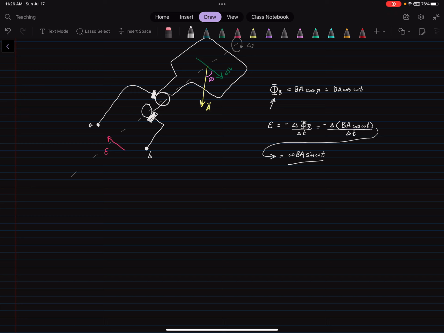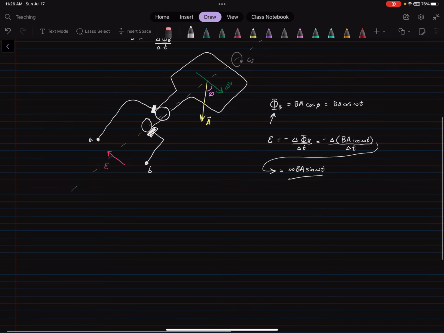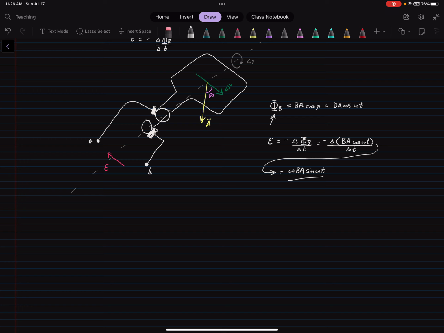So basically what we find is that the magnetic flux varies according to a cosine function, and the EMF varies according to a sine function. And this next part I am going to paste in a visual here. Give me a second. Boom. Loading. Okay, here we go.